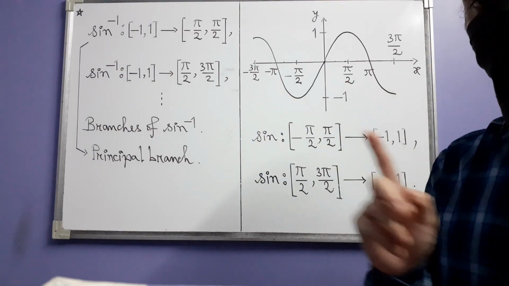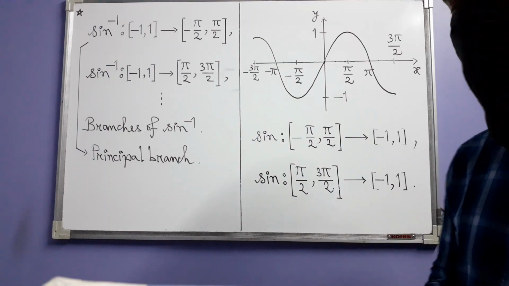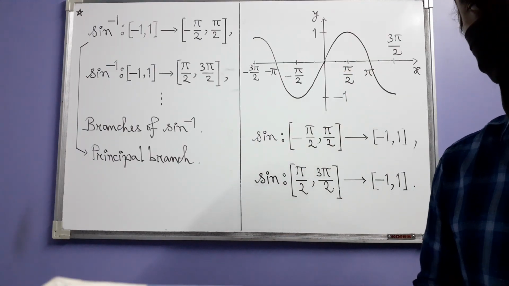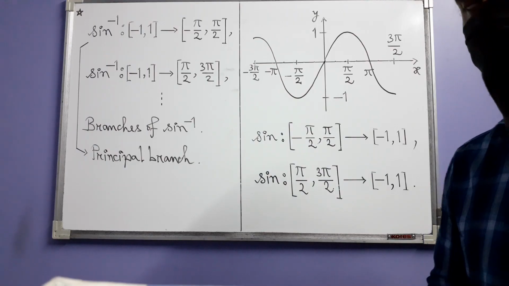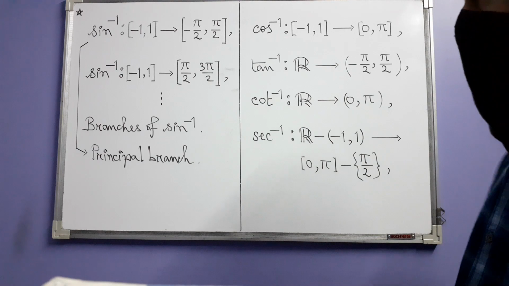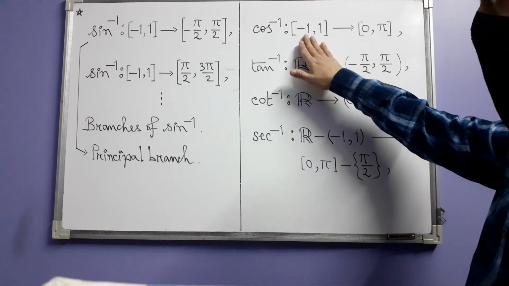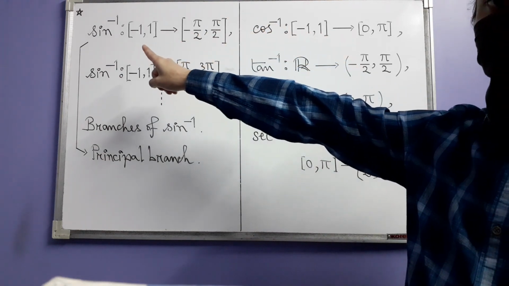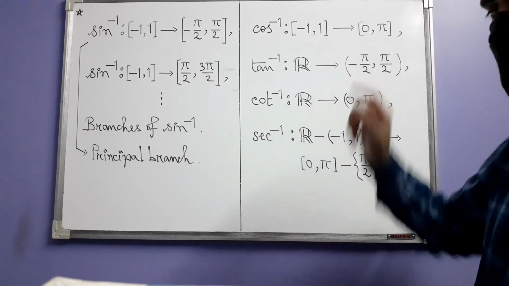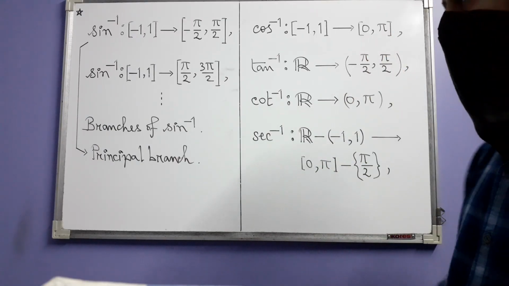For them also we have principal branches. So now let's look at the principal branches of the other trigonometric functions. The principal branch of the cosine inverse function has this domain, which is the same as the domain of the principal sine inverse, and the range is this closed interval 0 comma pi.